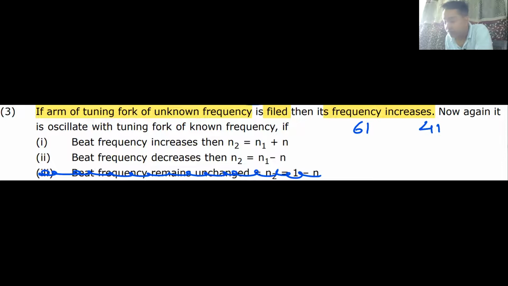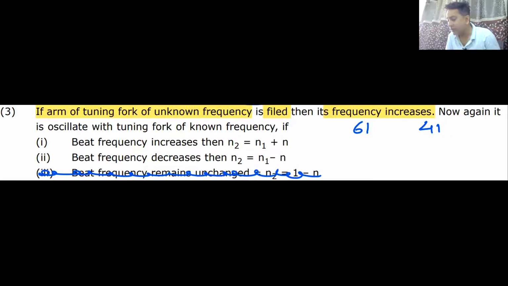Do we understand this? We got two answers, whether the answer is 60 or whether the answer is 40. In the first case, we did it with wax. Now we are doing it with filing. So what will happen is the frequency of the unknown tuning fork will increase.